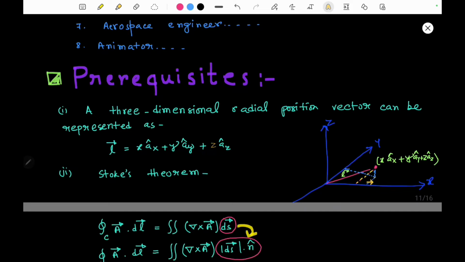So you can learn like that. From this point to this is the x value, from this to this is the y value, and from this to this is the z value.